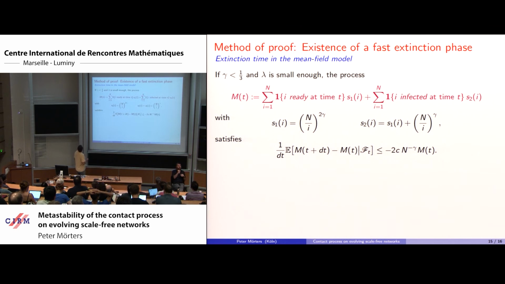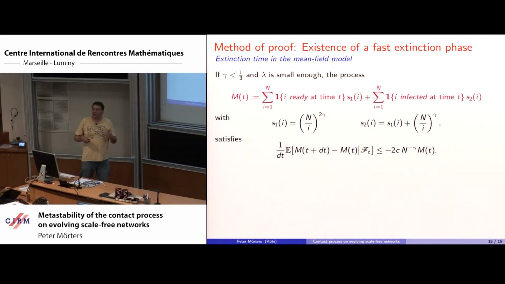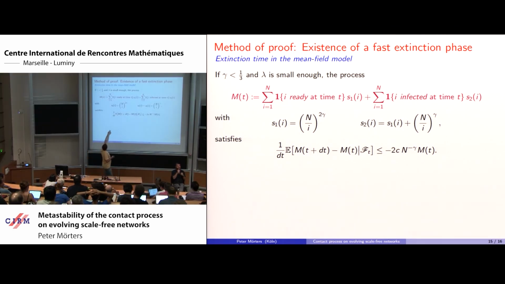a supermartingale argument. So you set up this kind of score process, M of t. That's sort of the predicted infectiousness of the system at time t. So you go over all the vertices that are ready, and this score S1 of this vertex is the expected degree, that's n to the gamma, squared.